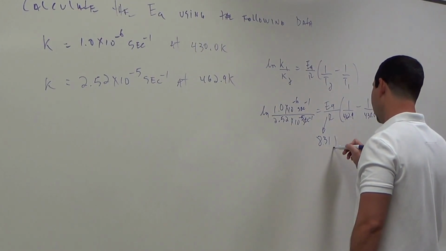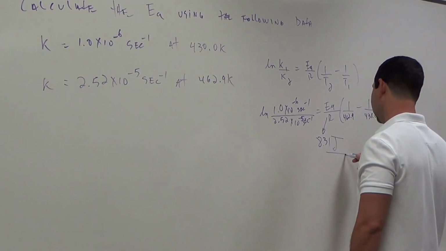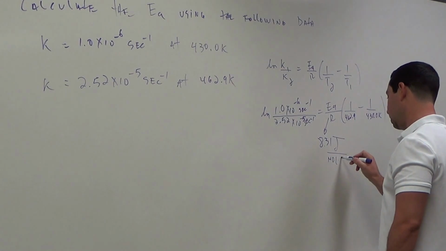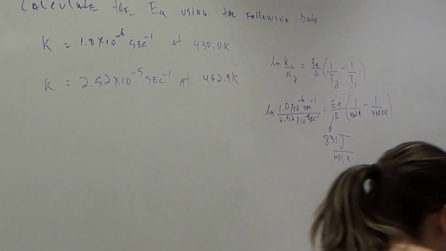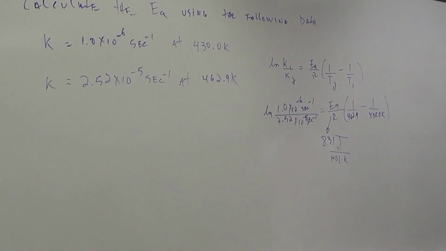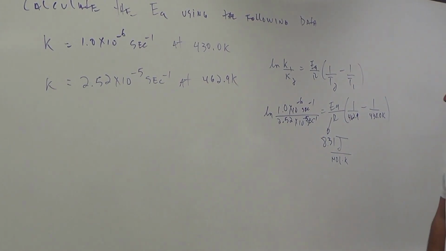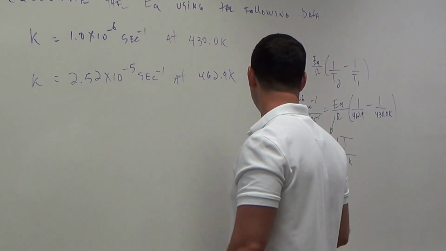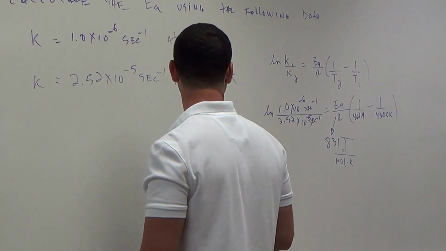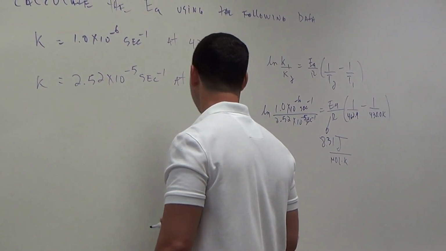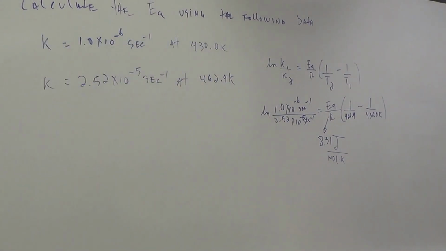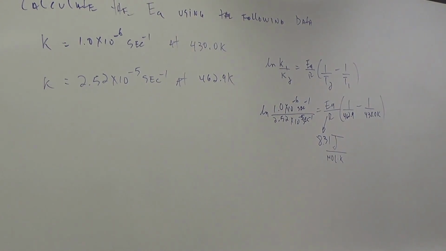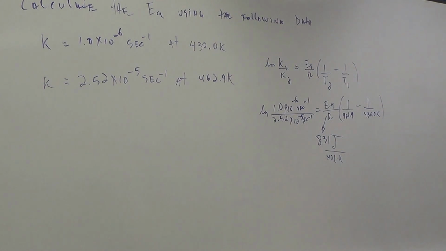Okay, 8.314 joules per mole Kelvin. Okay, so we have to solve for EA. That's going to be difficult to do, yes? You do one number at a time and write it down.